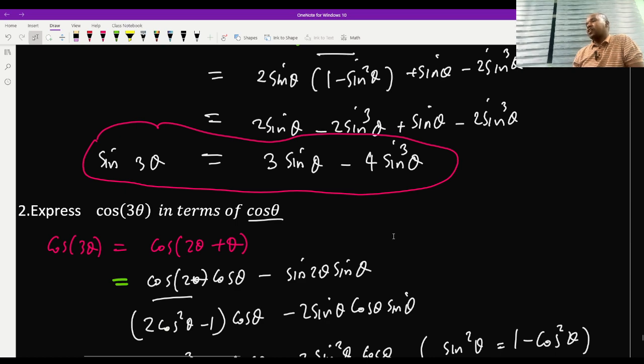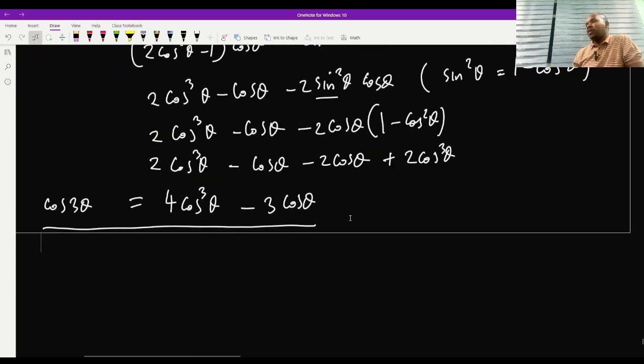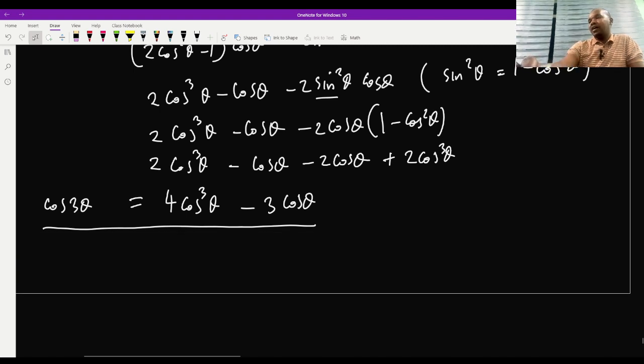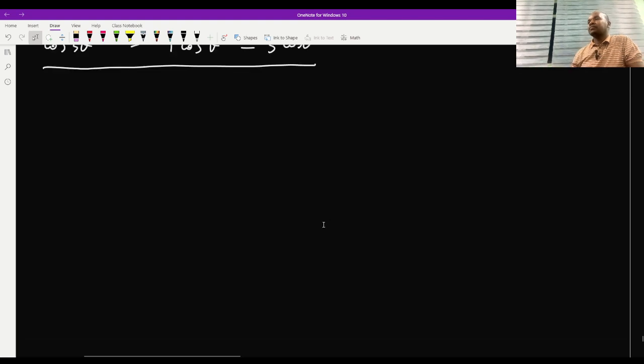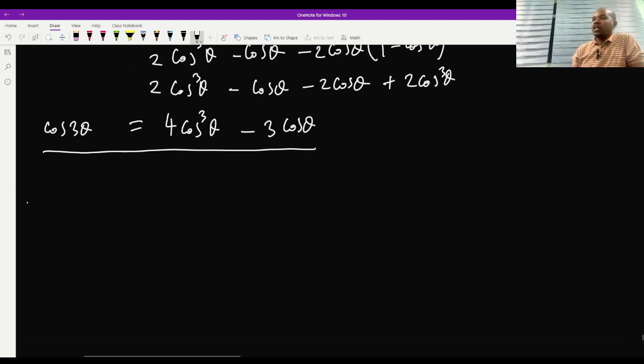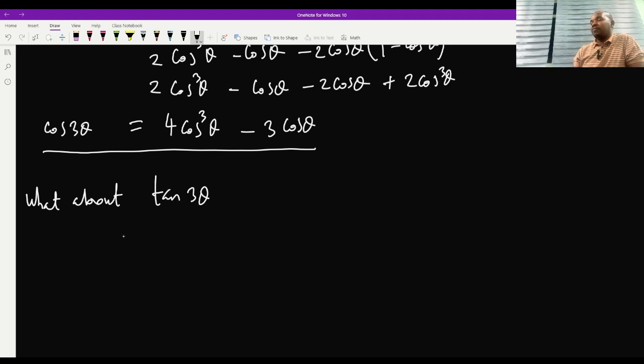I'm going to attempt to express tan 3 theta. So what about tan 3 theta from the two expressions we have? So tan 3 theta is sine 3 theta divided by cosine 3 theta.